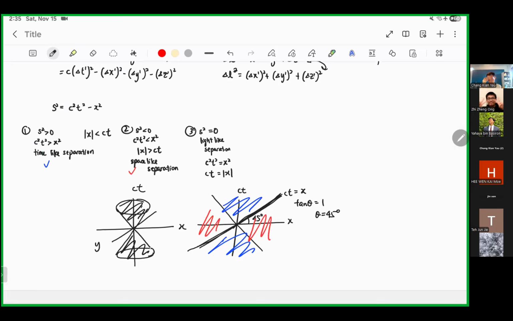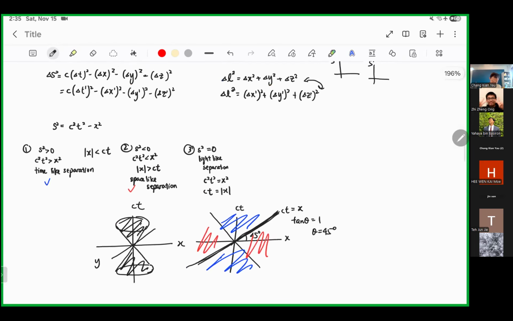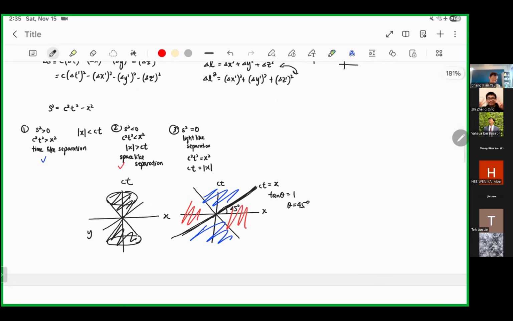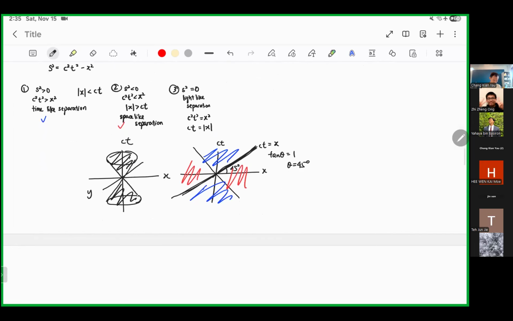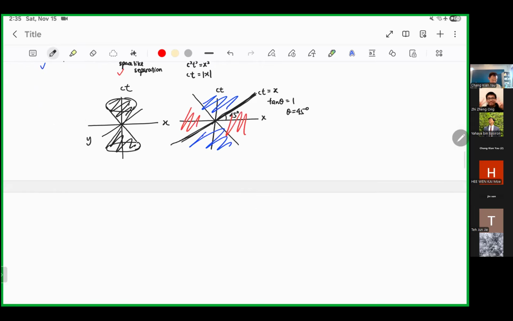We call this the cone of causality. And then the lines are just the light separation. Okay, so that's all I have to say about this, and then I'll move on to the proper formation of the Minkowski diagram.